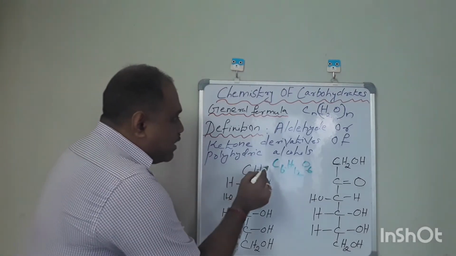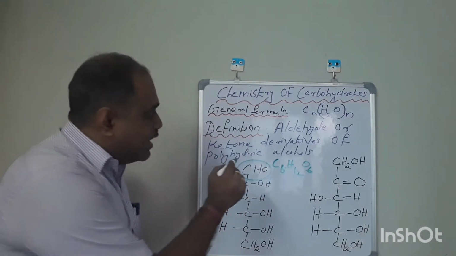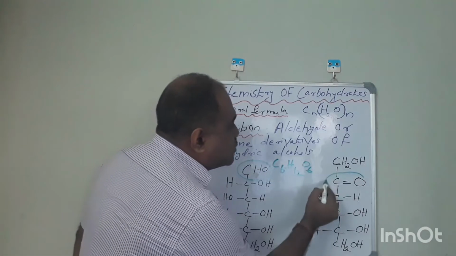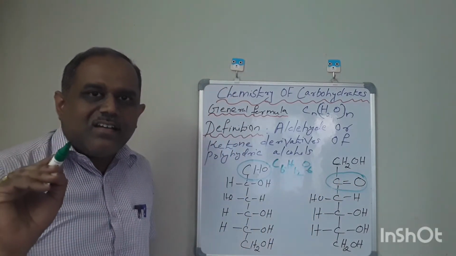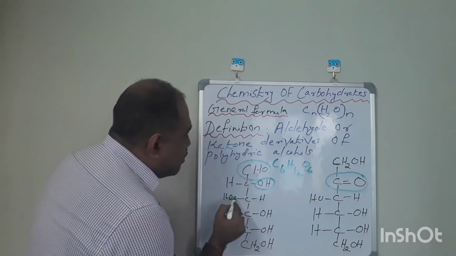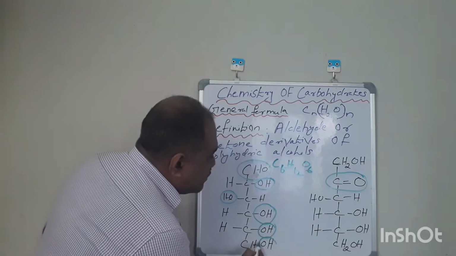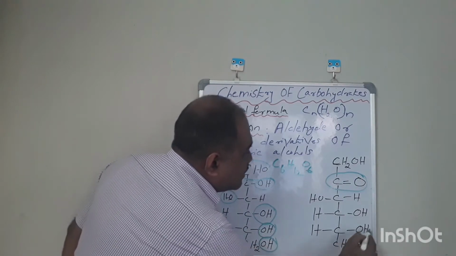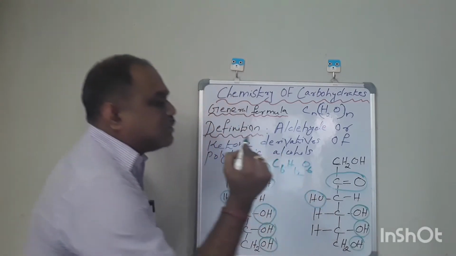So carbohydrates have a functional group, either aldehyde or ketone. You can see here more than one hydroxyl group. That is why we call them polyhydric alcohols.